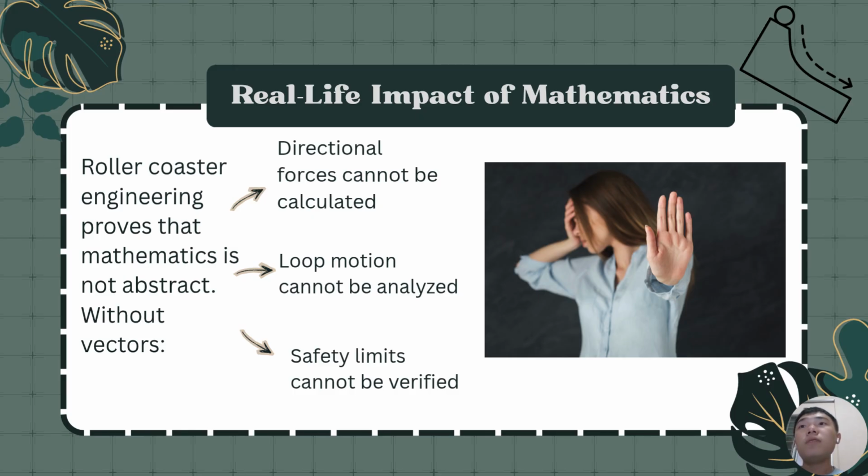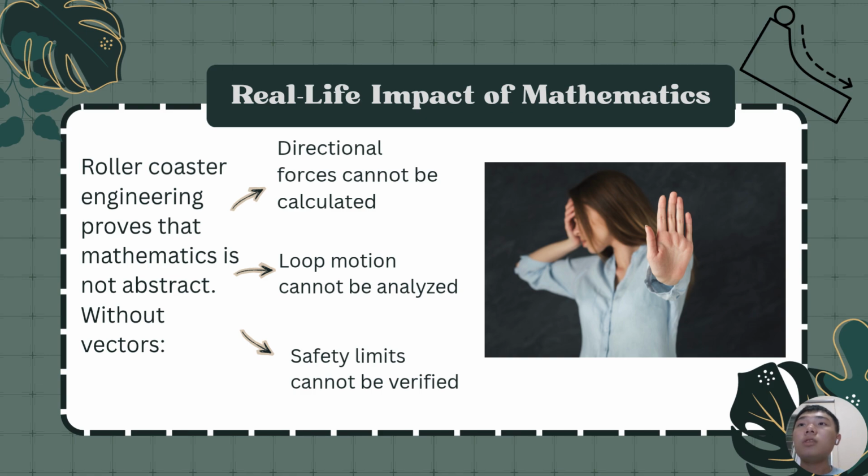First, without vectors, directional force cannot be calculated. When a roller coaster moves, forces act in different directions such as forward, upward, and downward. Vectors help engineers represent both magnitude and direction, allowing them to understand how these forces affect the motion. Second, without vectors, loop motion cannot be analyzed.